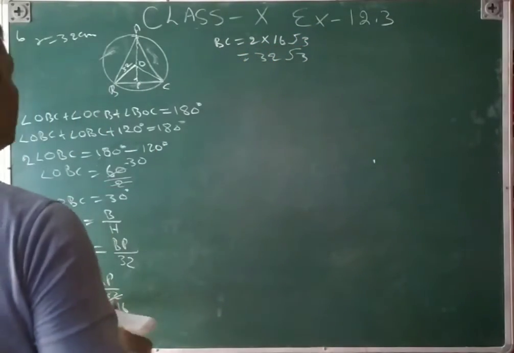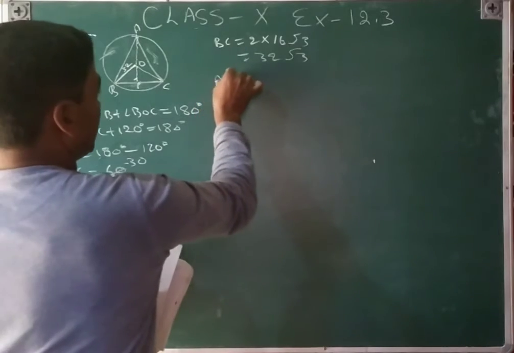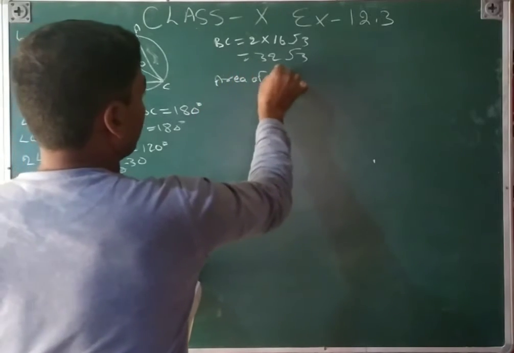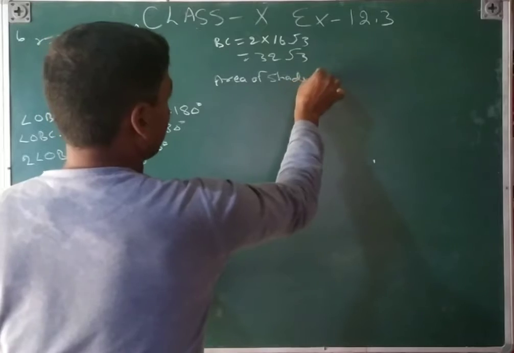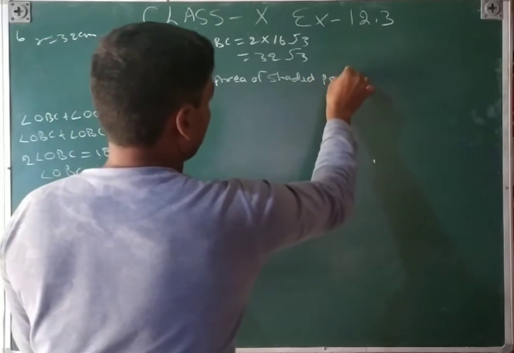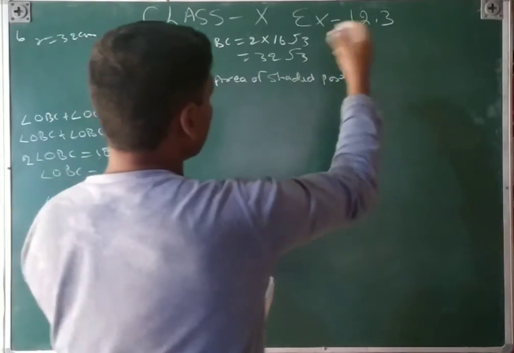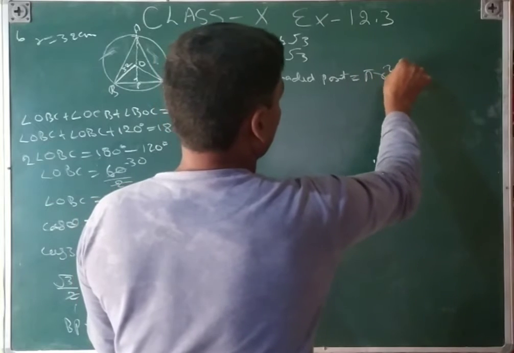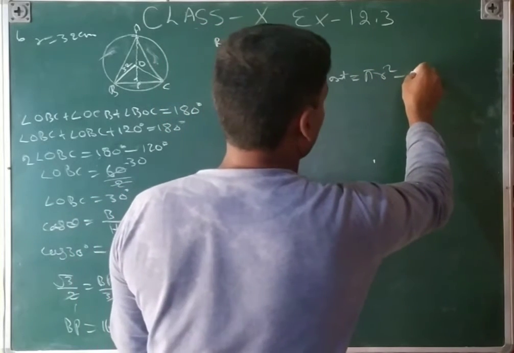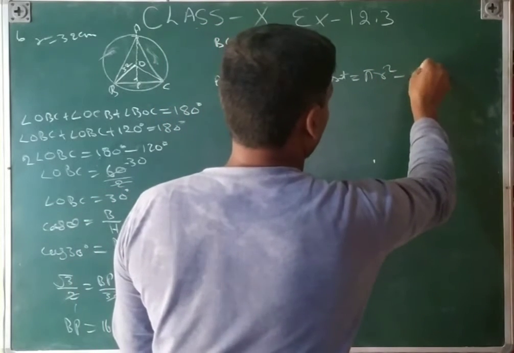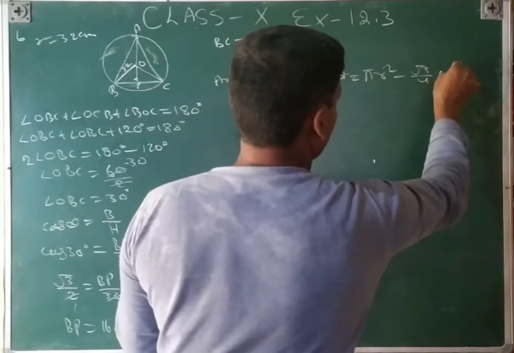Now area of shaded region. Area of shaded part is equal to area of circle, pi r square, minus area of triangle, that will be under root 3 upon 4 a square.